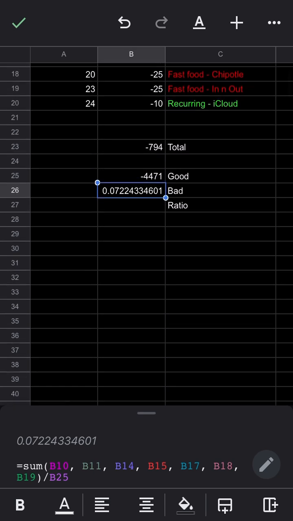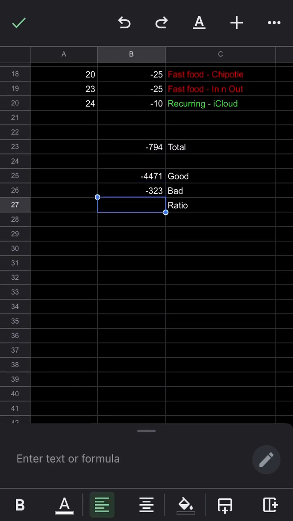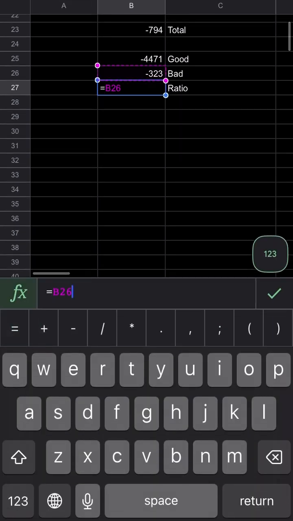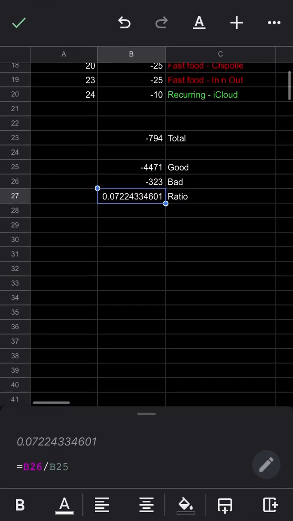Oops, I put that in the wrong spot. I was supposed to put an equal sign. Equals bad divided by good. All right, that gives me a weird decimal here.